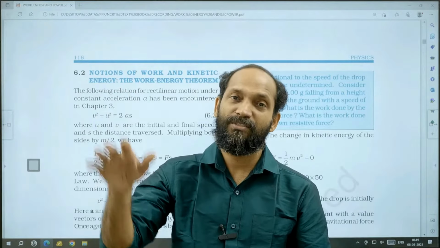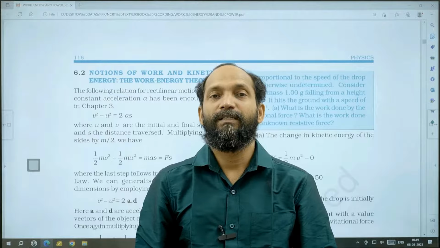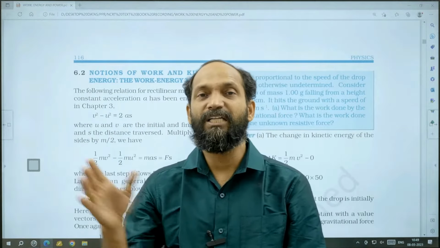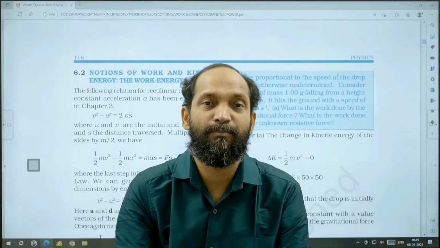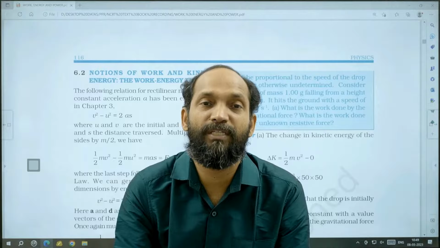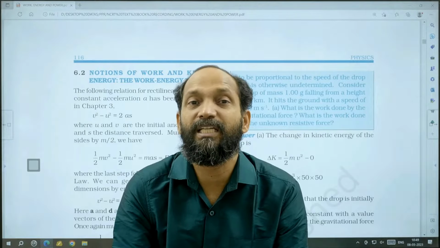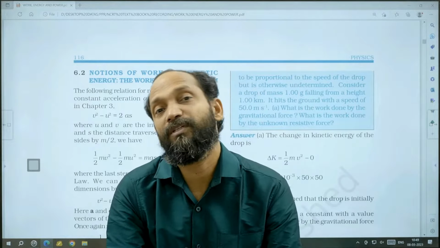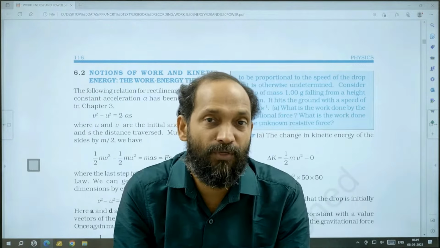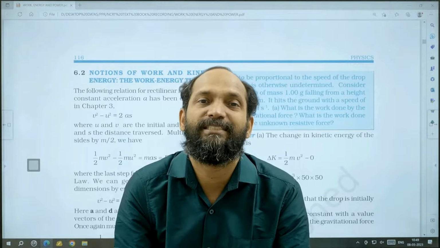Water flows down in the direction of decreasing potential energy. Current flows in the direction of decreasing voltage. Wind blows in the direction of decreasing pressure. Electric field is in the direction of decreasing potential. Like that, water flows in the direction of decreasing potential, decreasing height.